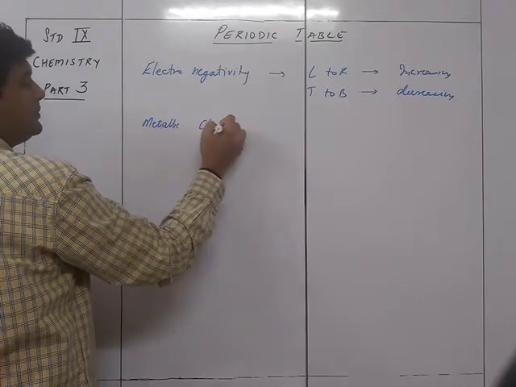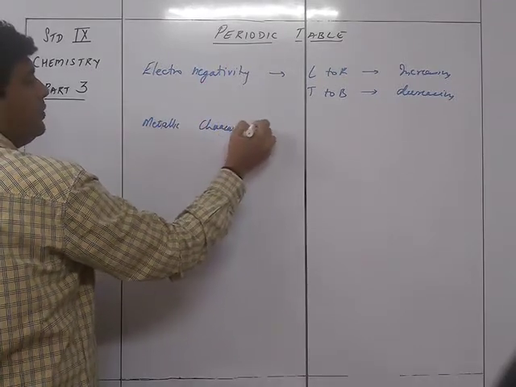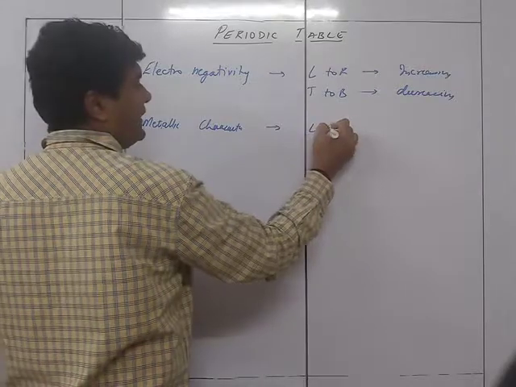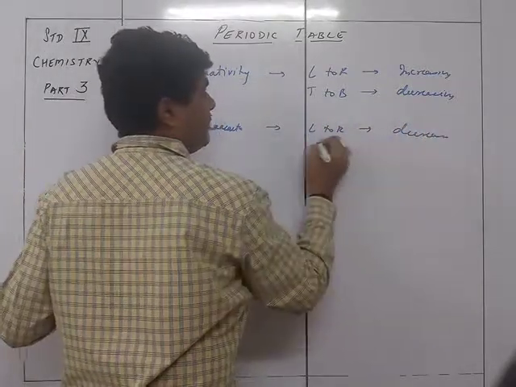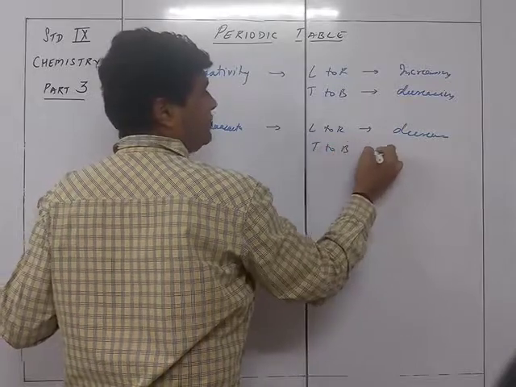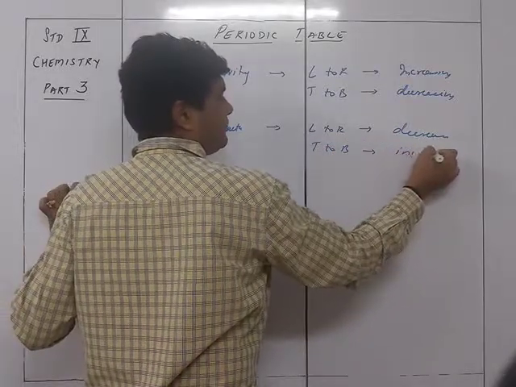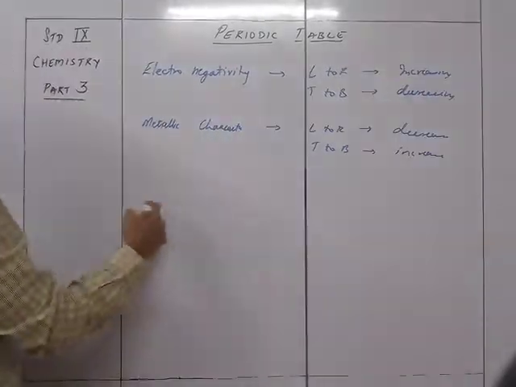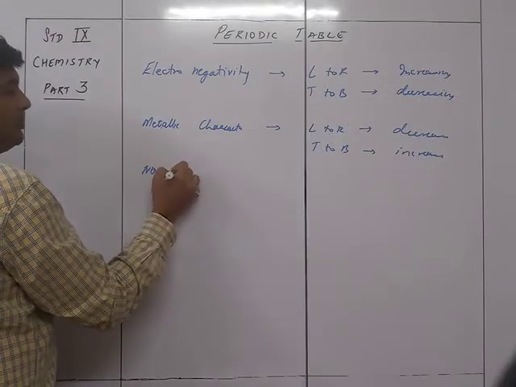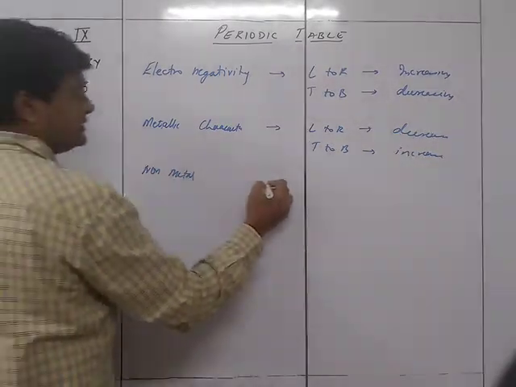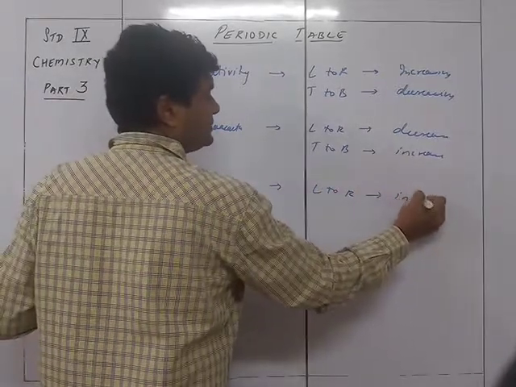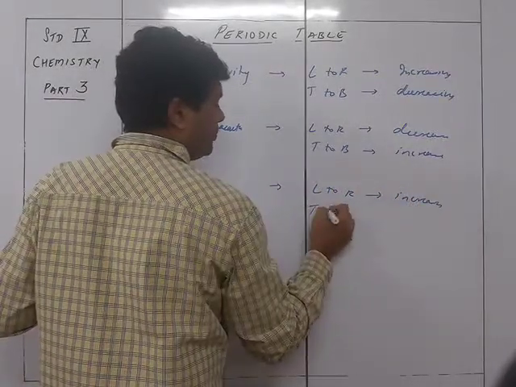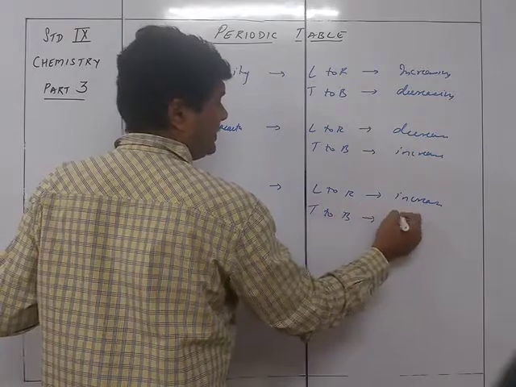From left to right it is going to decrease, and from top to bottom it is going to increase. Similarly, the non-metallic character will be the opposite: from left to right it is going to increase, and from top to bottom it is going to decrease.